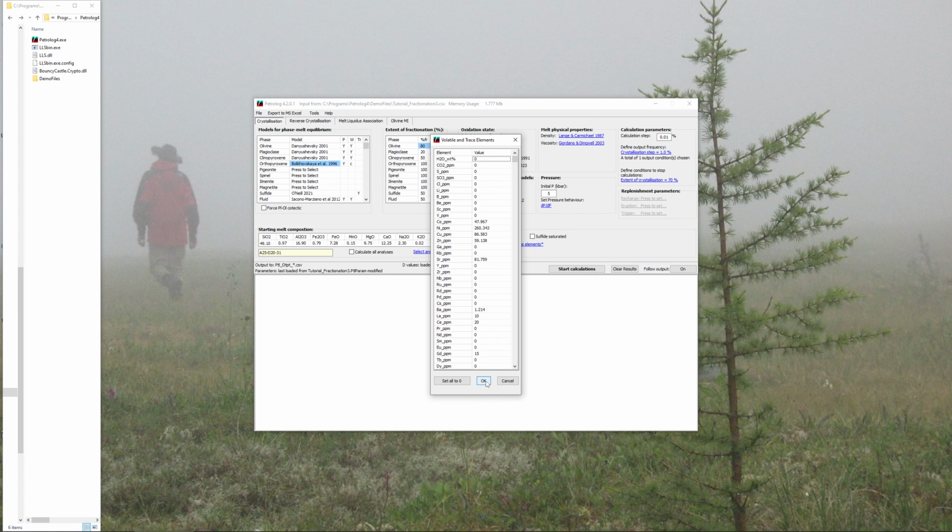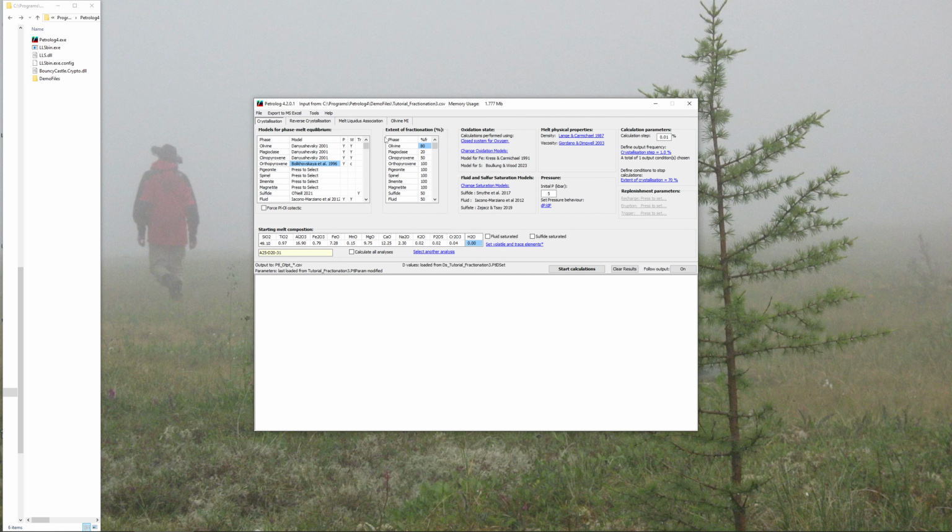In terms of the minerals which we selected to participate in calculation, there is olivine, plagioclase, clinopyroxene, orthopyroxene, and note that we also added sulfide and fluid. So obviously, since there is no sulfur and water or carbon dioxide in the composition, these are not going to form, and the implication of this for the structure of the output files we will consider later.